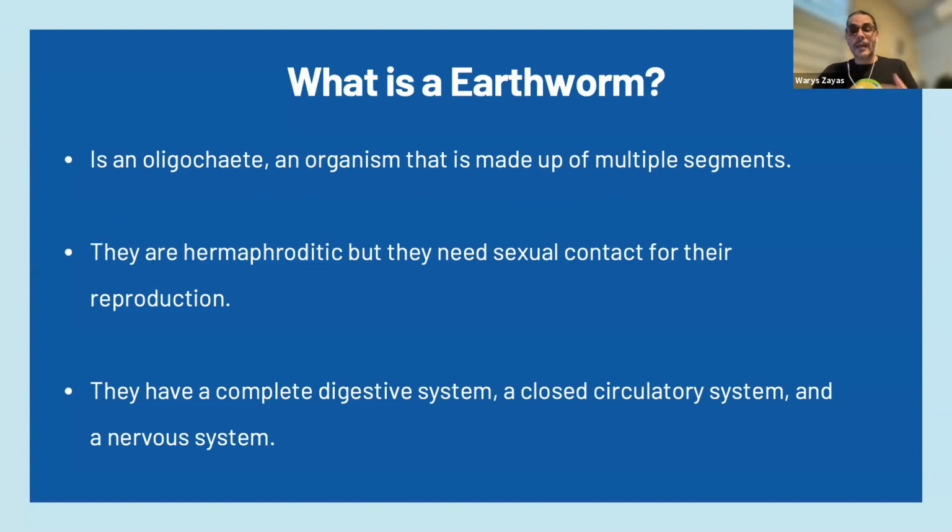An earthworm, and by the way, today we will be using some more technical or scientific terms, such as the next one: an oligochaete. An oligochaete is a segmented roundworm.